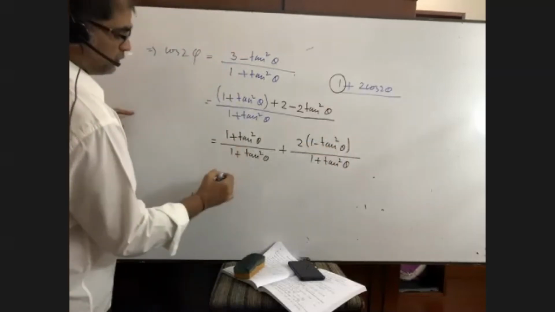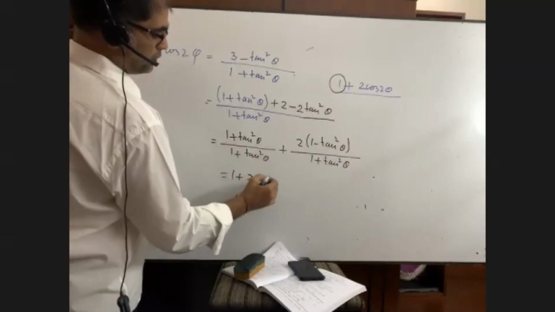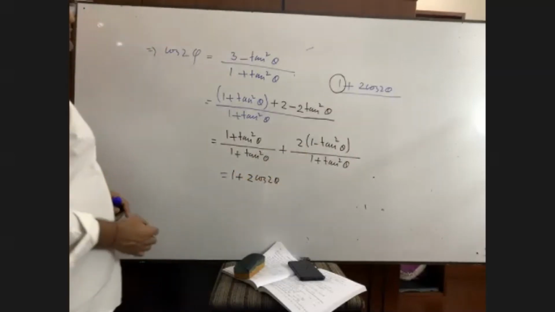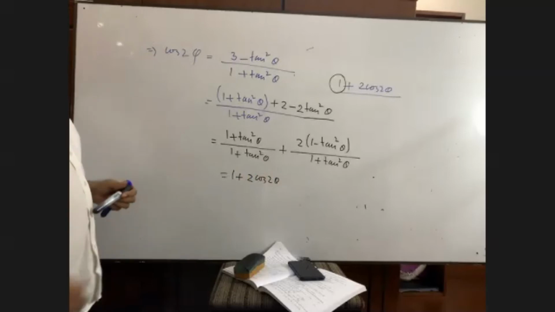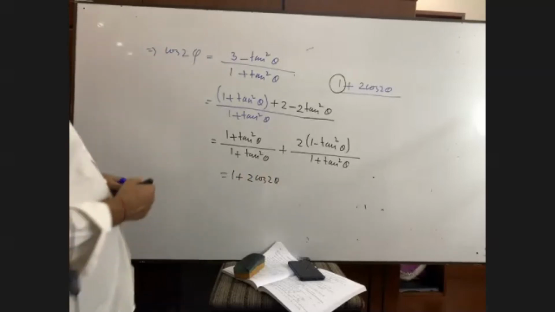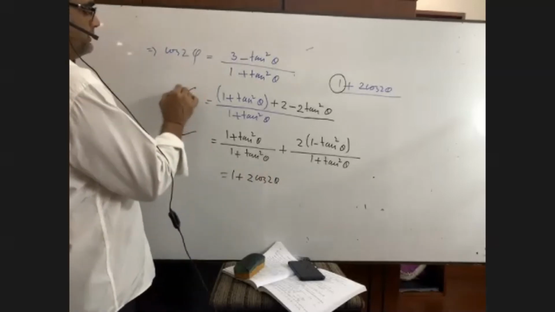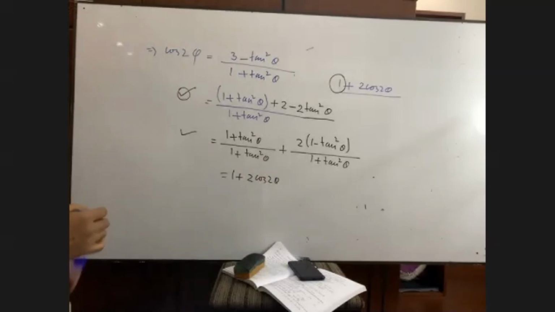You see this is 1 and this is 2 cos 2 theta. This line? Yes sir. Okay.